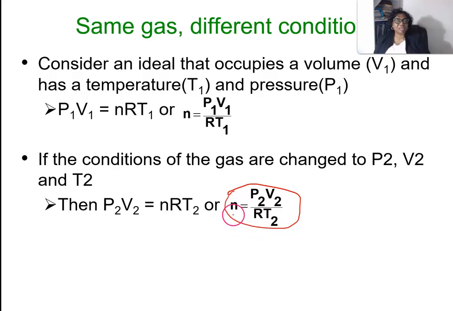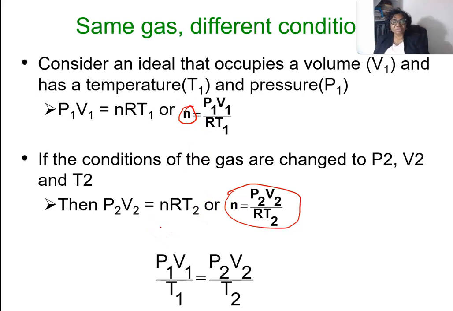If you notice, n is not changing. n is still the same. The number of particles is still the same. So we can combine the two equations because n is the same: P1 times V1 divided by T1 equals P2 times V2 all over T2.